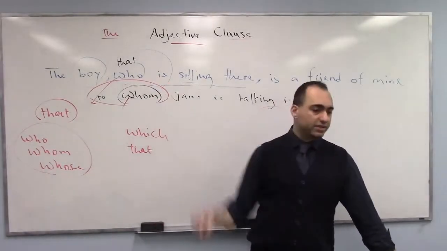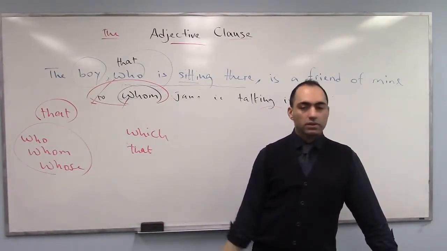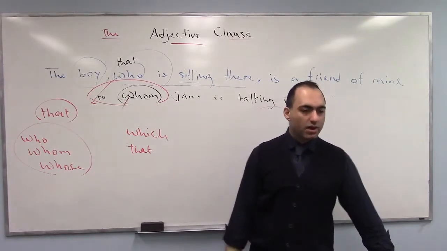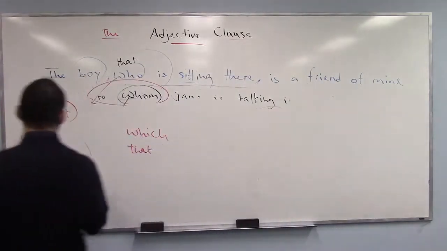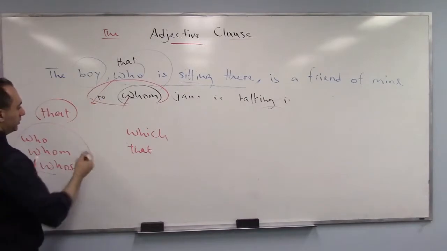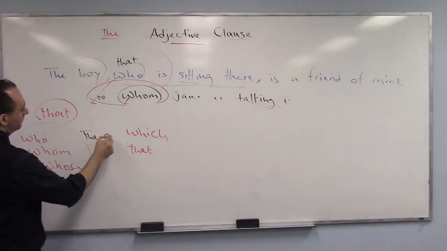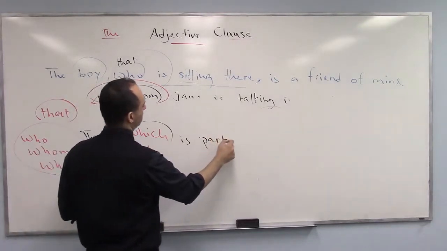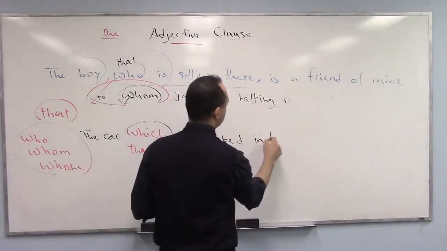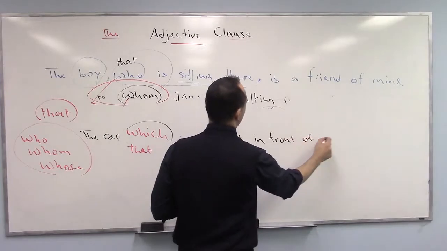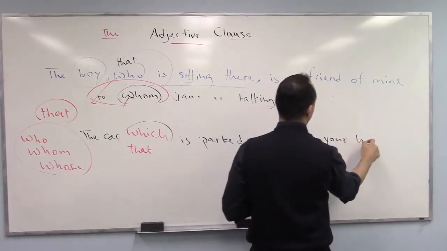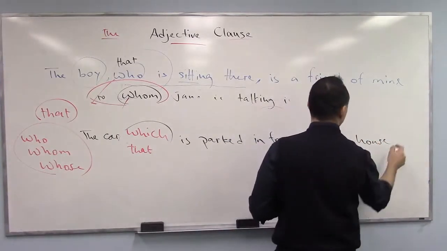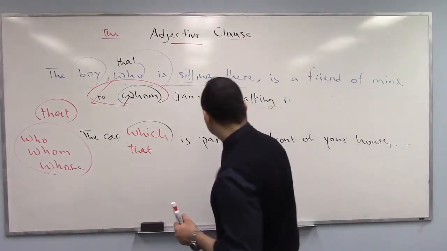The car which is parked in front of your house, or the car that is parked. I can't say the car who, right? So I would say the car that or which is parked in front of your house is my friend's car.